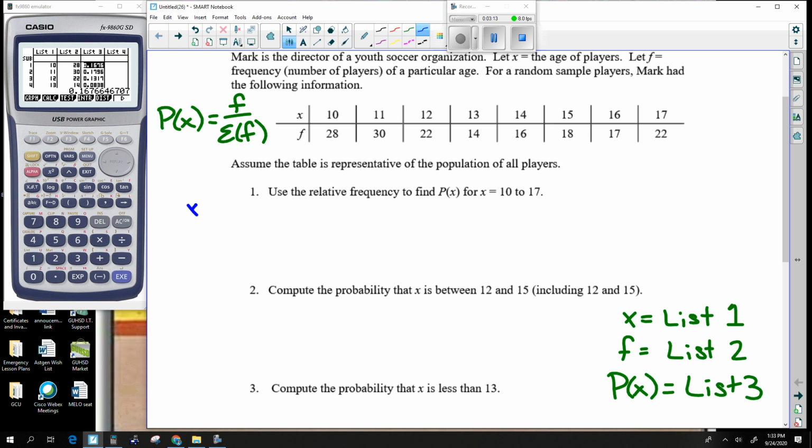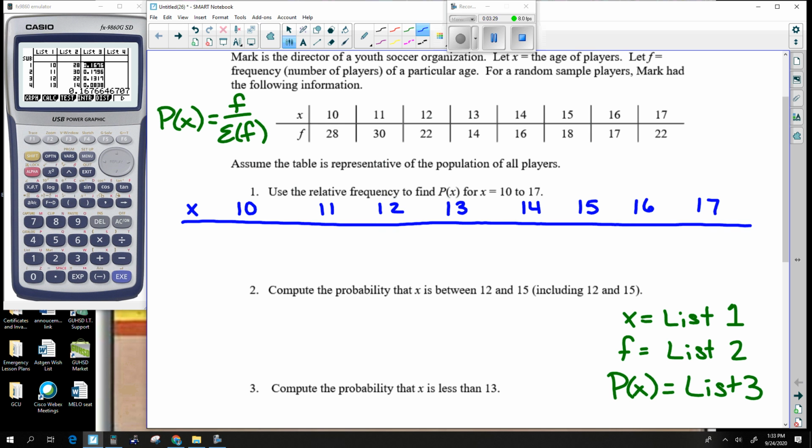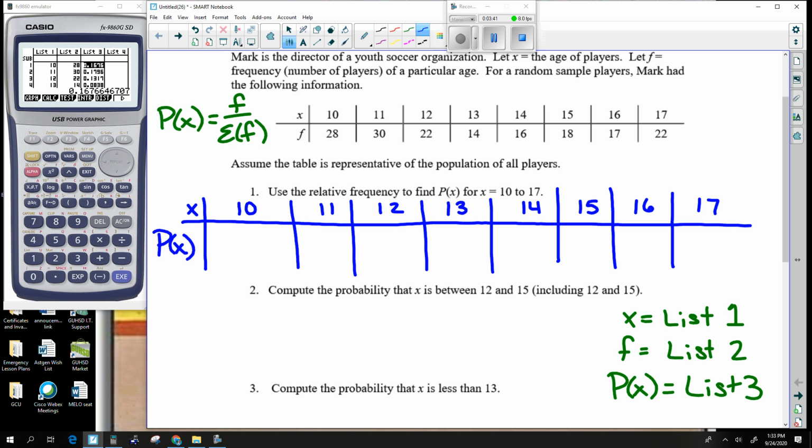So in this situation, we have x's, which are 10, 11, 12, 13, and we just constructed a list of these individual probabilities of each one of these individual things. So we're finding the probabilities of those x's.